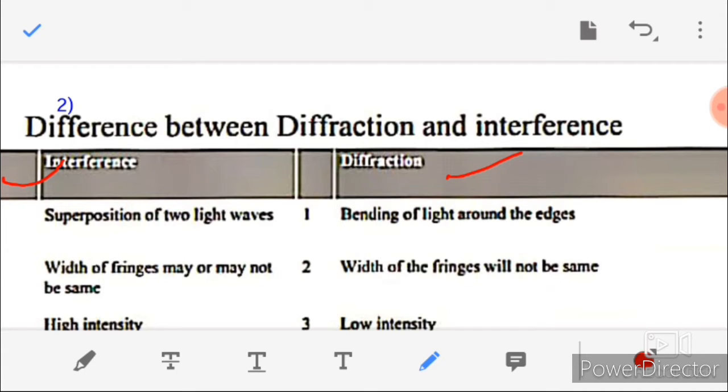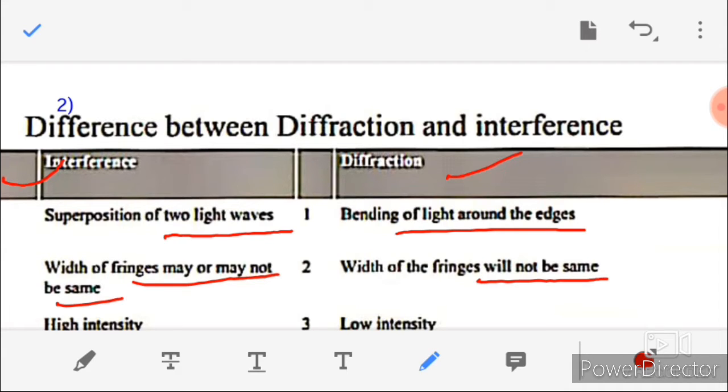Point number 1: interference is the superposition of two light waves, while diffraction is the bending of light around the edges. The width of fringes in interference may or may not be the same; in diffraction the width of fringes will not be the same. Interference has high intensity, and diffraction has low intensity.